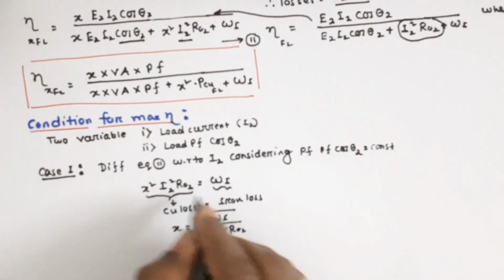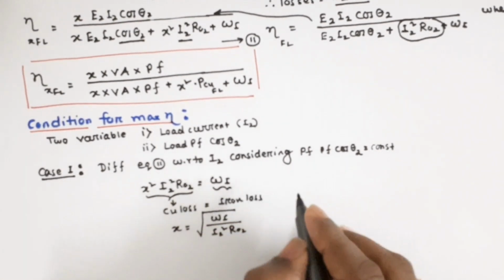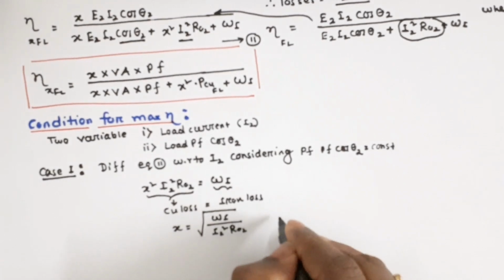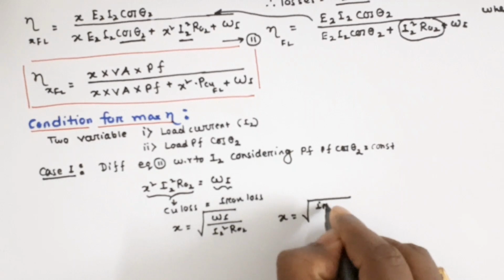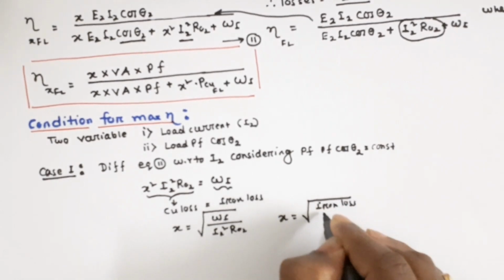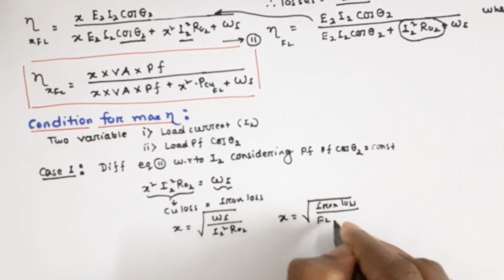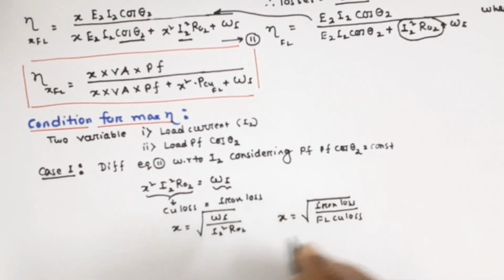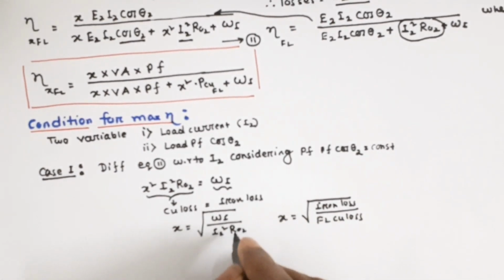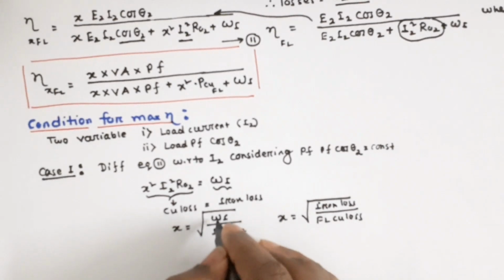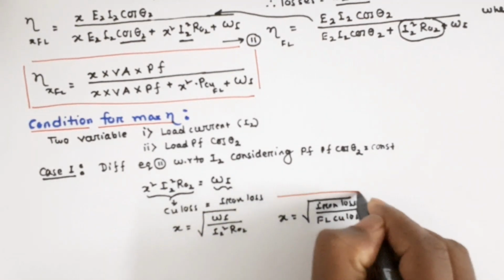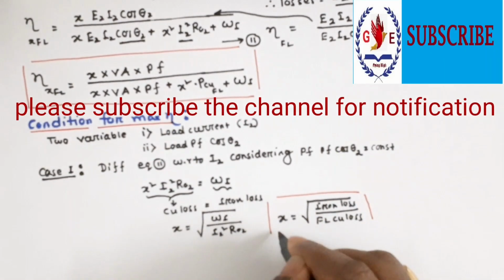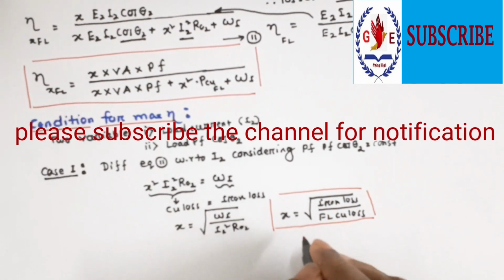Therefore, x equals root over of iron loss divided by full load copper loss, where I2 square R02 is the full load copper loss and Wi is the iron loss. This condition will be satisfied for maximum efficiency.